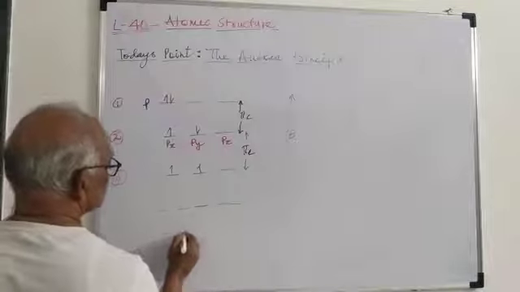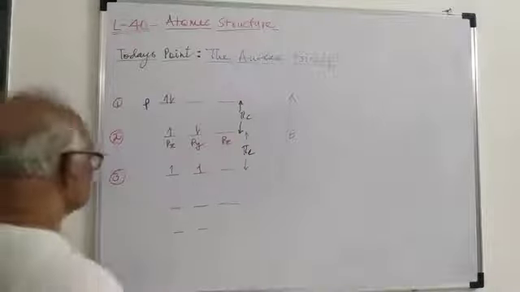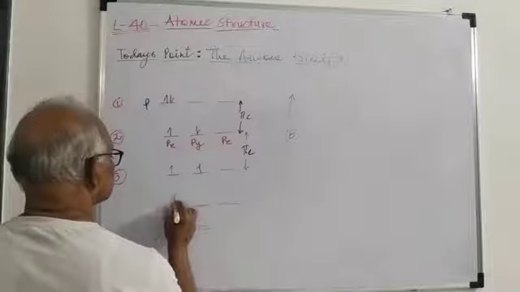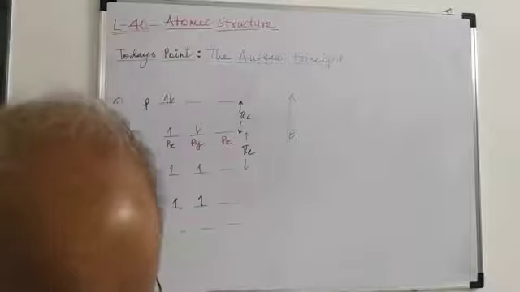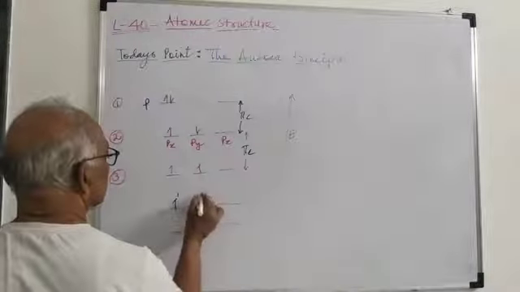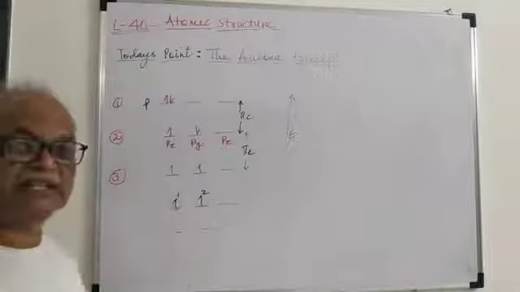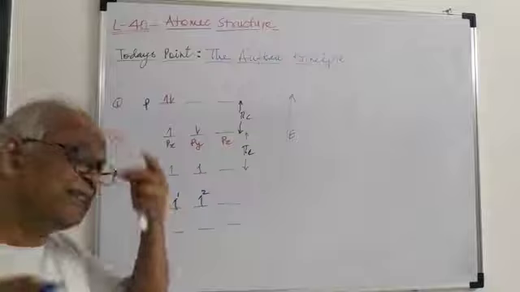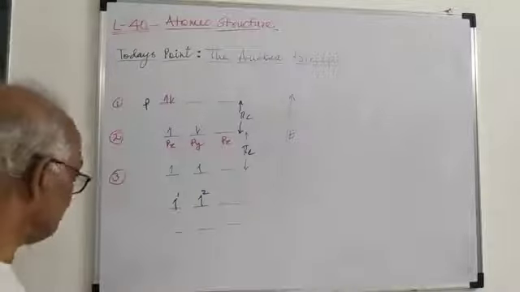Consider these options where there are two electrons. For our convenience, we will label these electrons as electron number 1 and electron number 2, in order to understand the exchange energy.